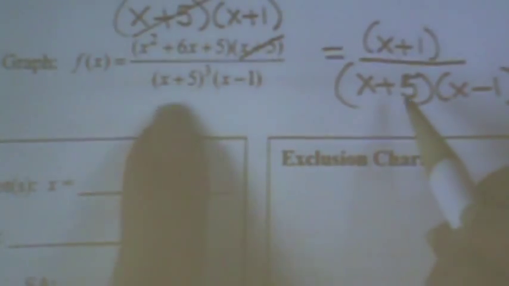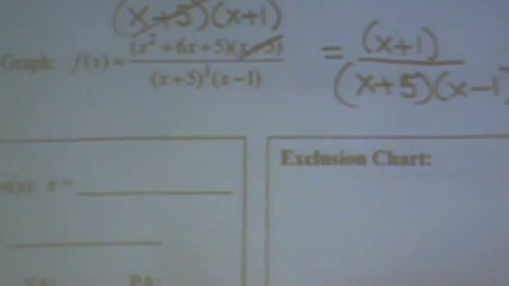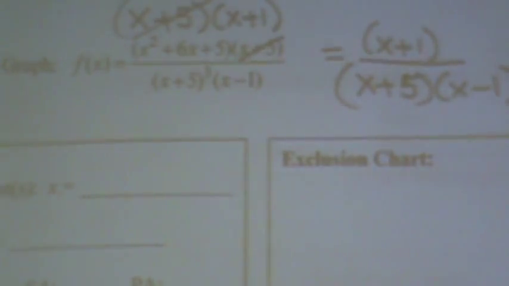Now, if we would have canceled this x plus 5, let's say this was x plus 5 squared, and we lost these two and the 2 here, then we would have a hole at negative 5. But we don't have a hole. So there is no hole. It was close, no hole.